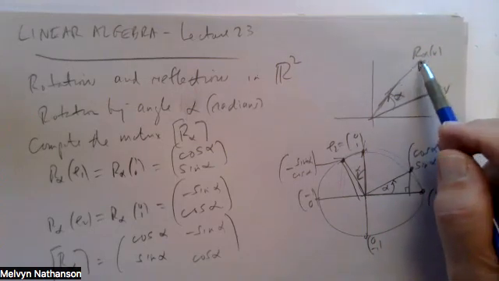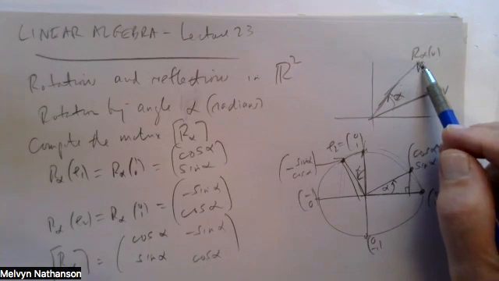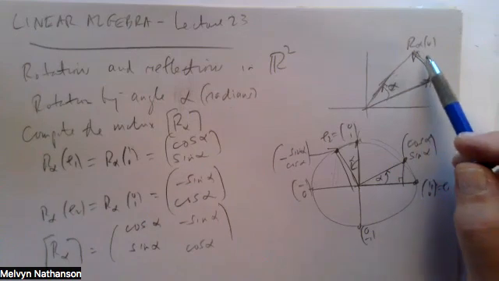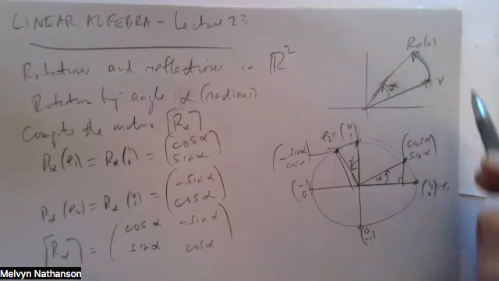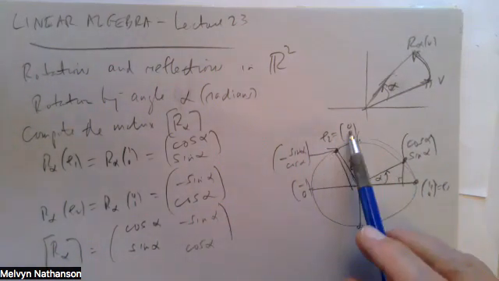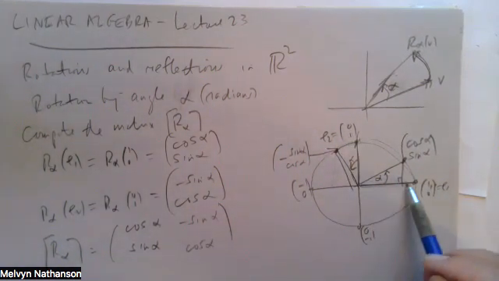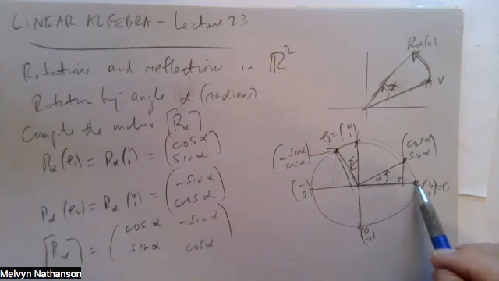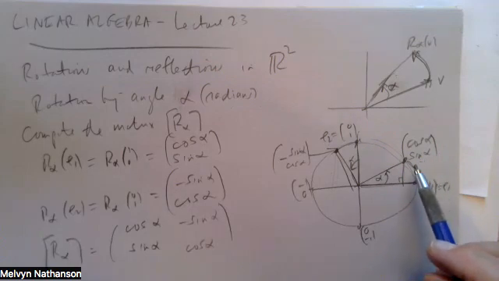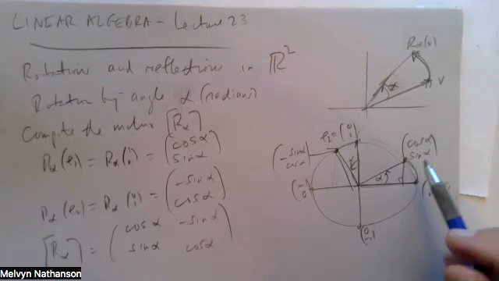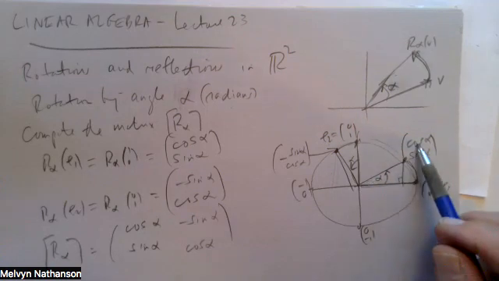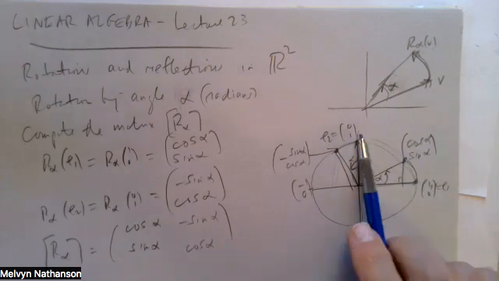So I want to find the matrix for this linear transformation, which means we have to compute what rotation does to a basis. And we take the standard basis, E1 is (1, 0), and E2 is (0, 1). So if I take a unit vector on the x-axis and I rotate it by alpha radians, you learn in calculus and pre-calculus, wherever you learn about angles and trig functions, the coordinates of this vector are cosine alpha, sine alpha.